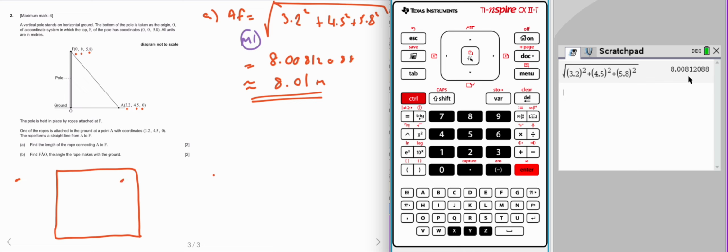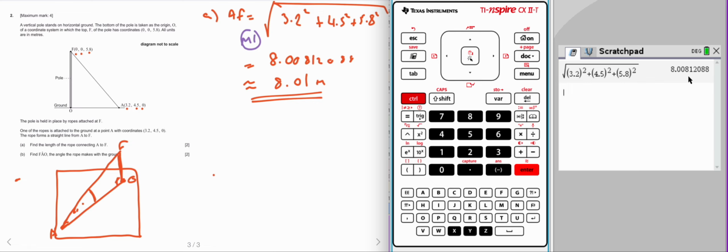The flagpole is somewhere on there. So that's my flagpole. There's a wire coming down, and the wire makes a shadow on the ground. So the angle FAO is this angle here.